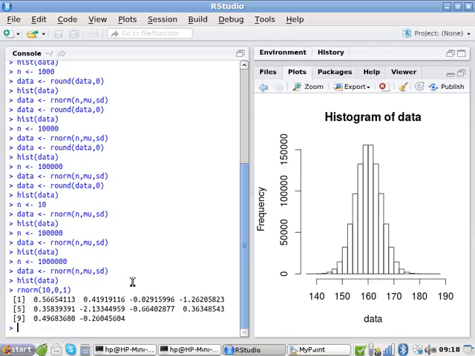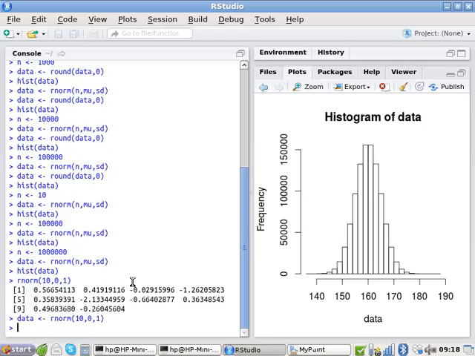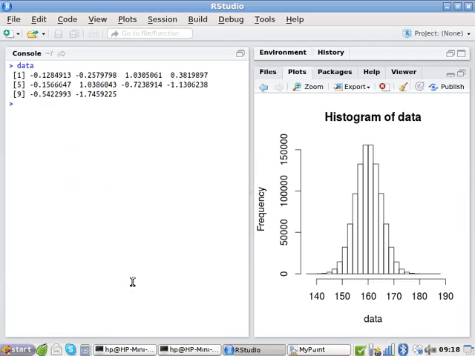So z is a special random variable. What you notice about it, if I was to get the average of these 10 values, I should roughly get 0. And I do. It's not exactly 0 because it's random. And if I calculate the standard deviation, I should roughly get about 1. Again, it's not exactly 1 because it's random.